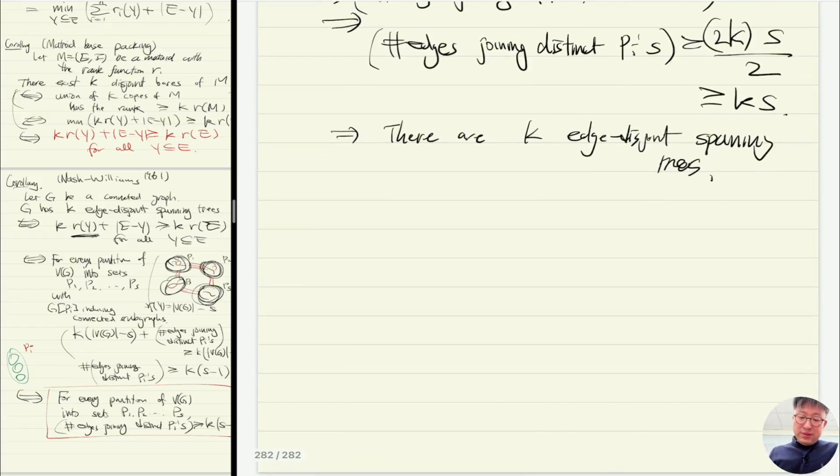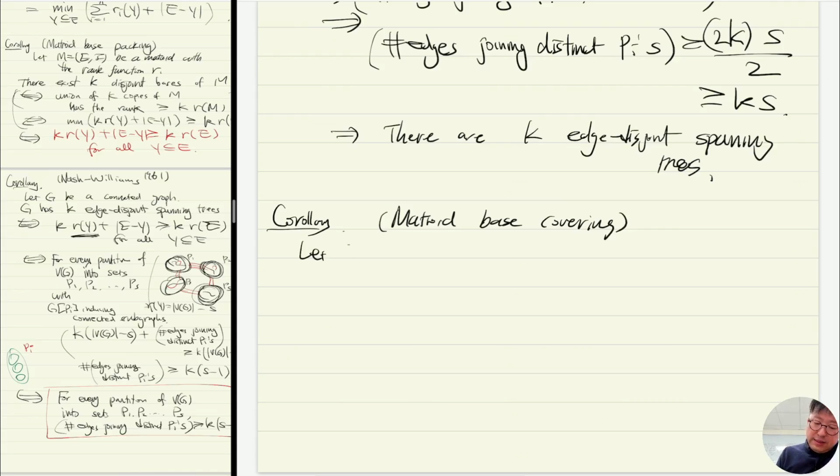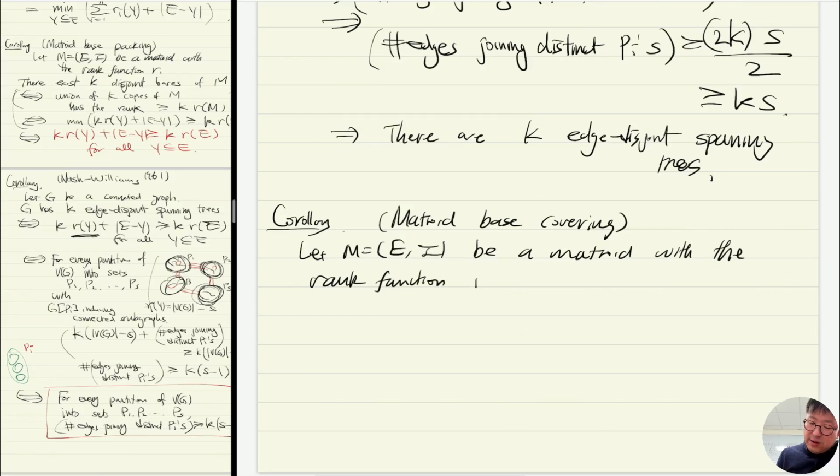All right, so let me tell you another corollary of the matroid union theorem. This is called matroid base covering. So the question is, when can you cover edges by k spanning trees? Let M be a matroid with the rank function r.